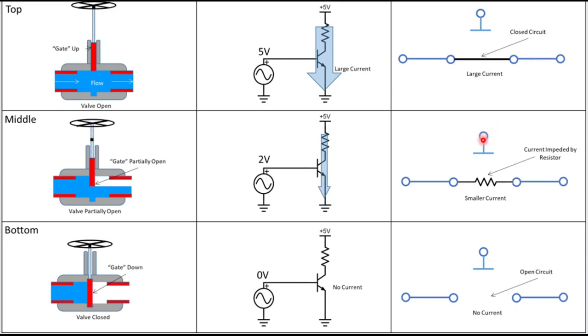If you apply a lower voltage, the resistance keeps going high, and in the limiting case the resistance becomes infinite, and you have an open circuit between the input and the output terminals of the transistor. So in this way, what we can see is that depending on what signal you apply to the control port, you are changing the current that is flowing from the input to the output.